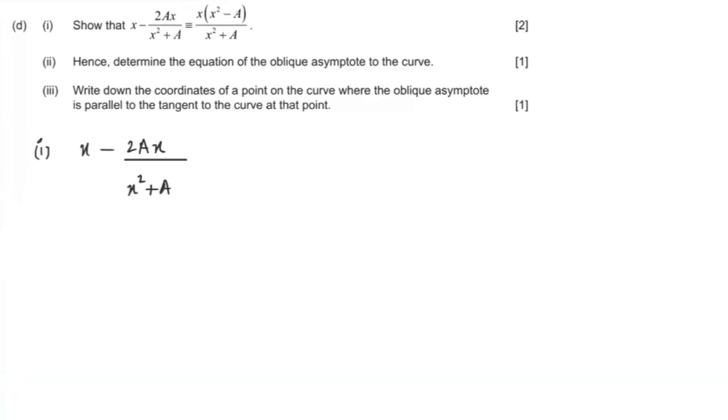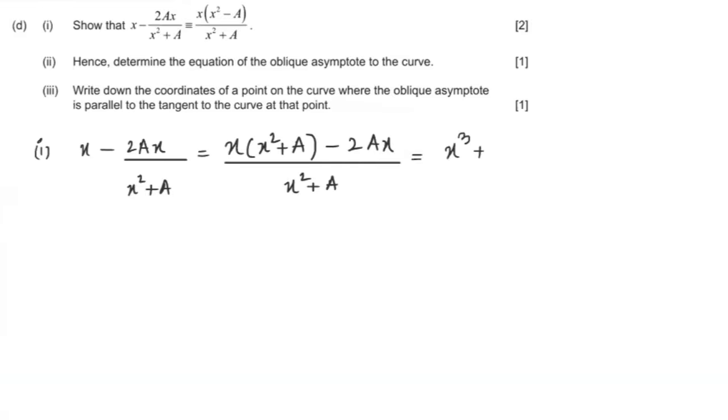So I can rewrite it as a single denominator, x squared plus a, and minus 2ax, and divide the whole thing by x squared plus a. So I'm writing this fraction as a single denominator. This will become x cubed plus ax minus 2ax, and divide the whole thing by x squared plus a.